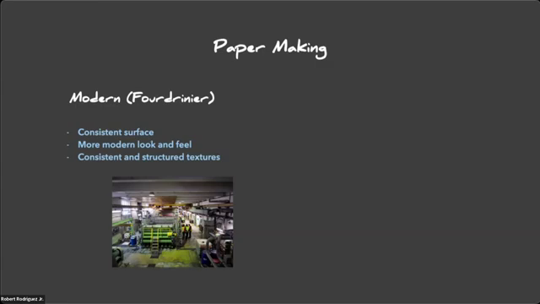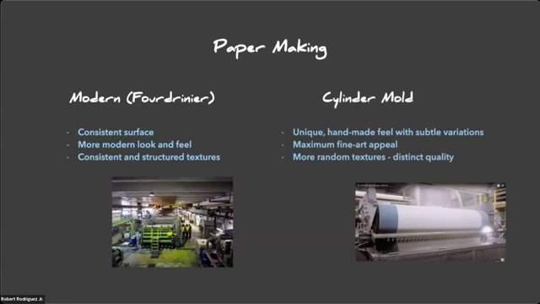Now, the other type of machine that you can make a paper on is what's called a cylinder mold machine. And this is another kind of mill. The Arches mill in France is one mill that has a cylinder mold machine, the other one being St. Cuthbert's in England. These machines will make a paper that has a much more handmade feel.